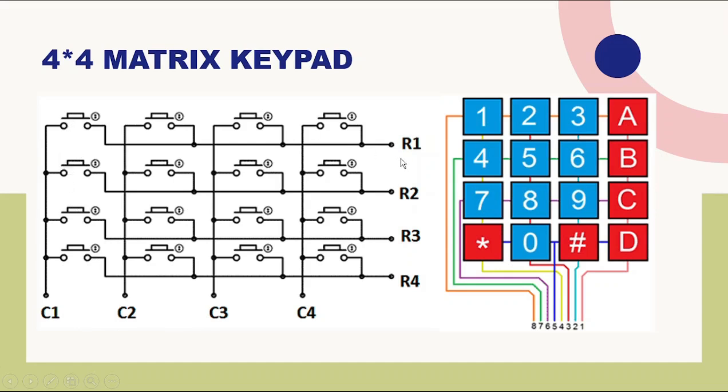C1 and R1 will get connected, and there will be output low in both the pins, which can be detected by the microcontroller, and accordingly a program can be written to detect that the one key is pressed.